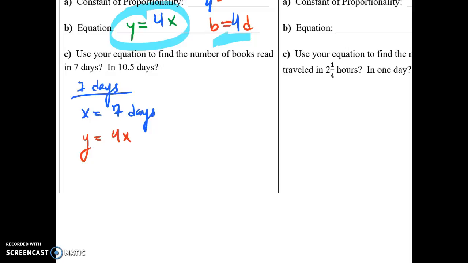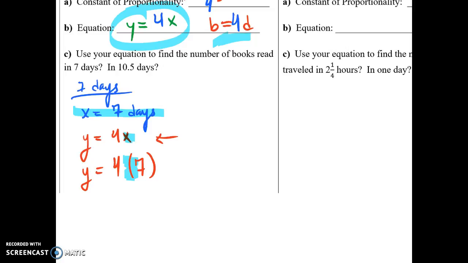Rewrite your equation. That was y equals 4x. Now we want to replace what we're given. We're only given x equals 7 days. So we have nothing for y, so that's going to stay y. The 4 never changes because it's our constant of proportionality. And since we have an x here, and x equals 7 days, we put the 7 right in.